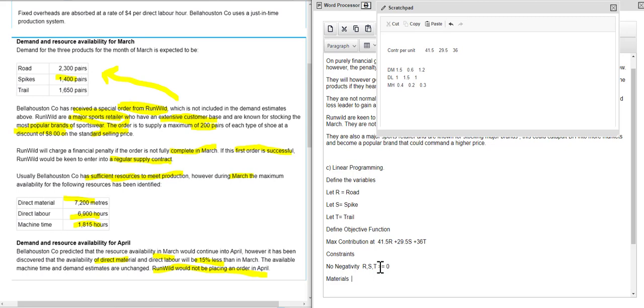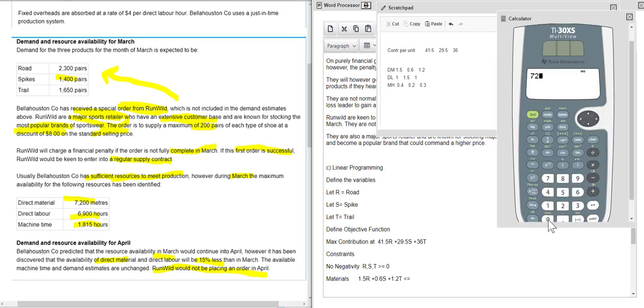So materials is going to be 1.5 R plus 0.6 S plus 1.2 T has got to be less than or equal to the direct materials of 7200 but less 15%. So you need to get your calculator out.